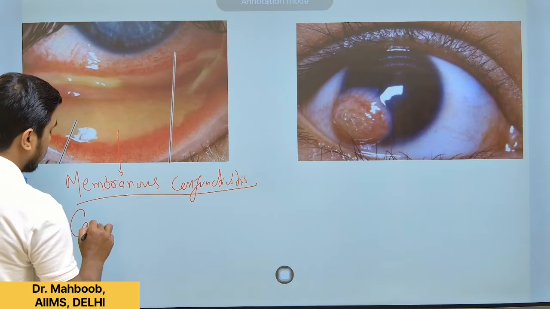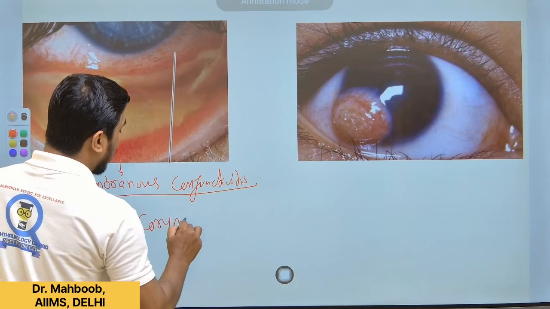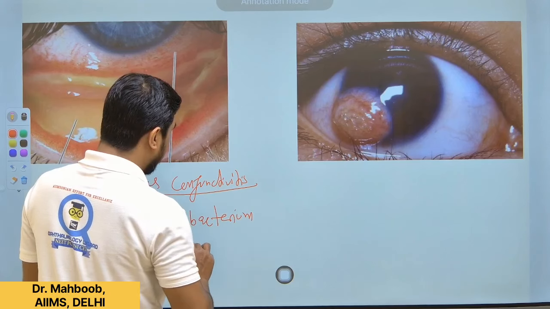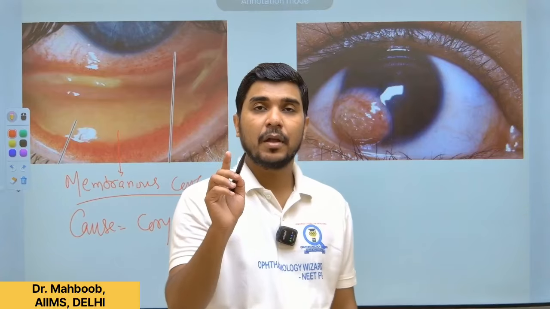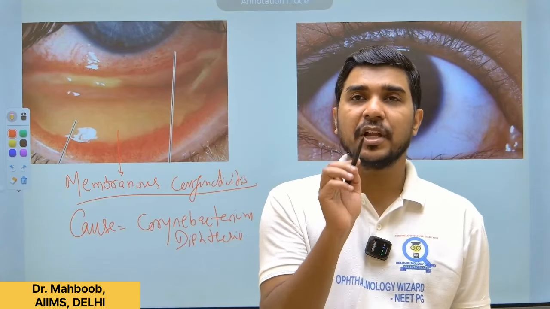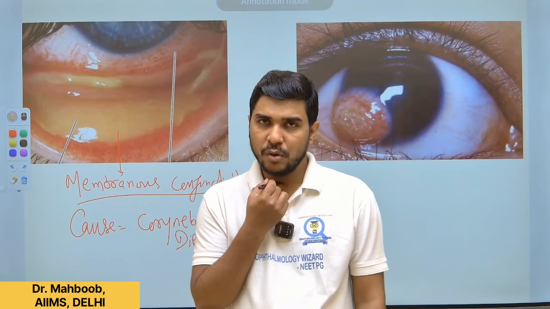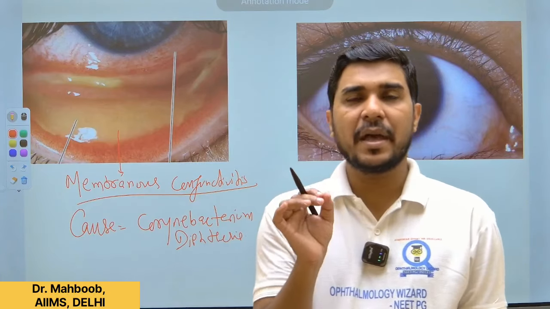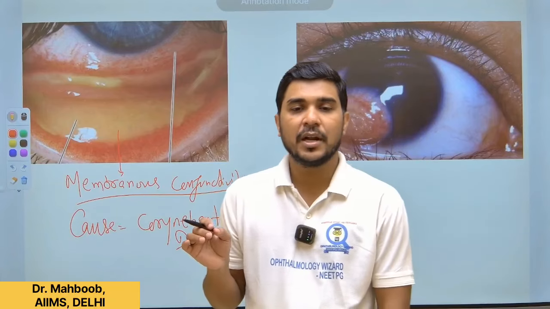Cause, organism: Corynebacterium. One thing to remember, wherever there is a membrane formation, in most cases Corynebacterium diphtheriae is the cause. चाहे वो throat में membrane बनाना हो या कहीं आई के membranous conjunctivitis की बात हो, wherever the membrane is formed, generally Corynebacterium diphtheriae is the cause. Understood?